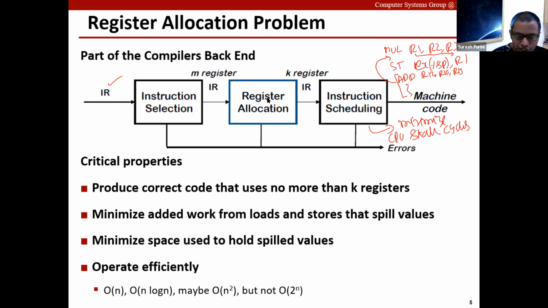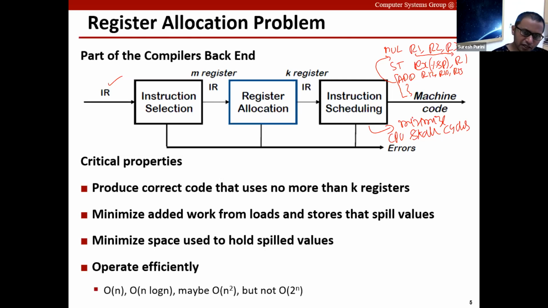And if you see the register allocation module, that's what we will be focusing on. There are k registers available, and the goal, as I said, is to minimize the main memory traffic. Further, of course, we would like our algorithm to run in linear time or at most quadratic time, but not exponential time. So that is the goal.